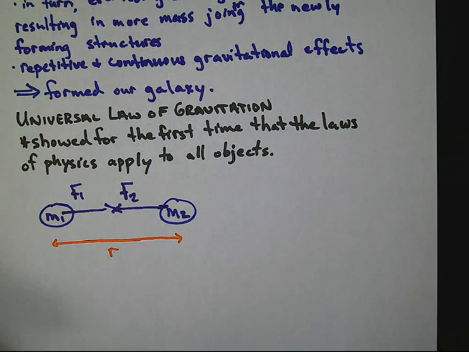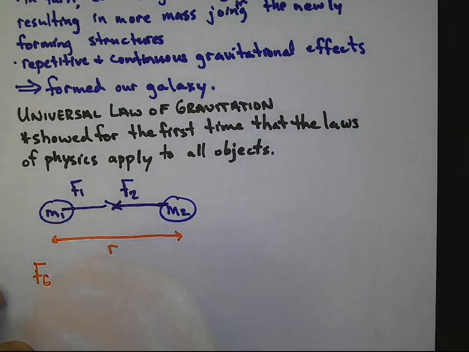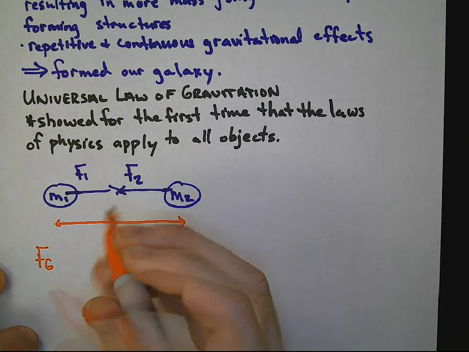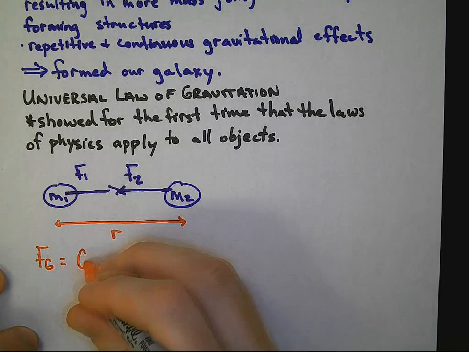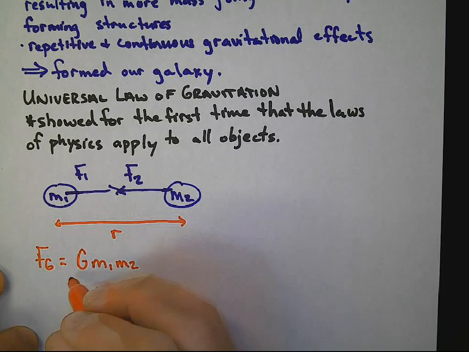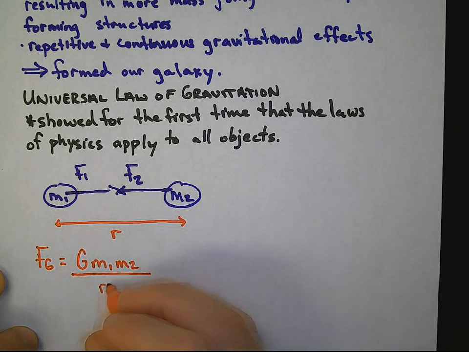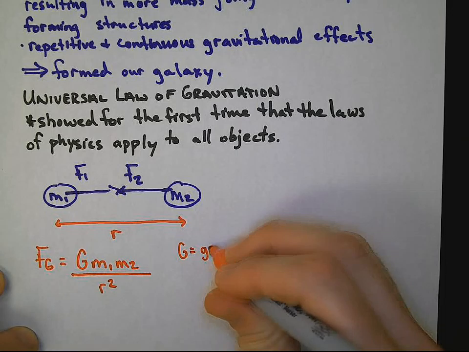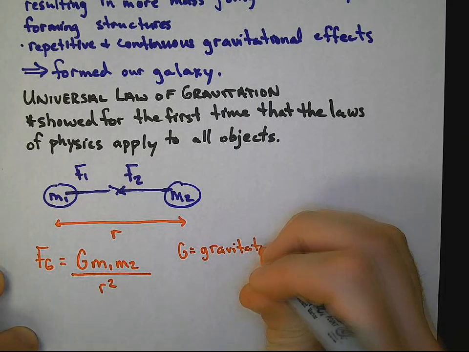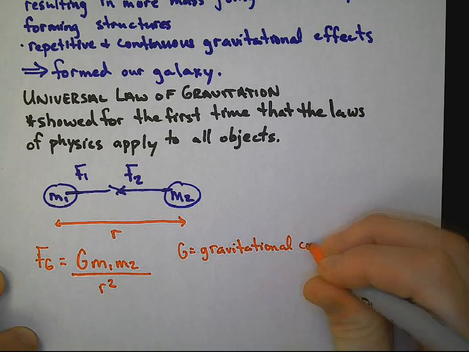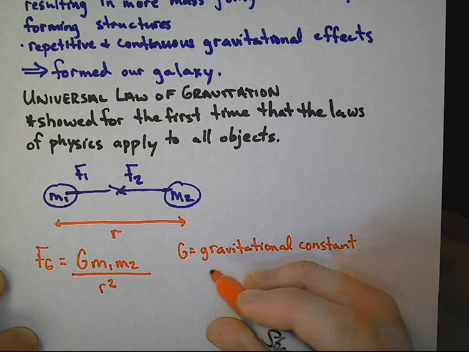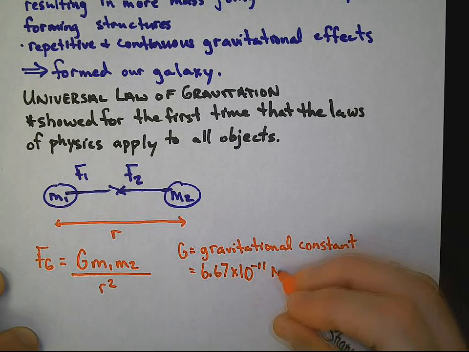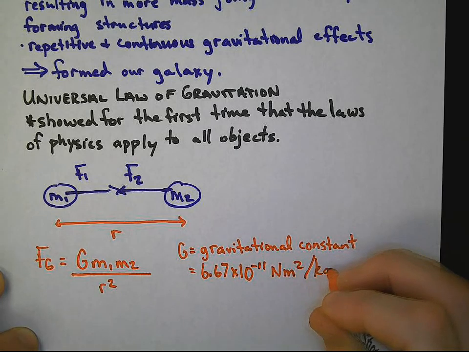Mathematically, Fg, and that's a capital G in this case, this is our gravitational force, is equal to G m1 m2 all over r squared. G is our gravitational constant, and it is equal to 6.67 times 10 to the negative 11 Newton meter squared per kilogram squared.